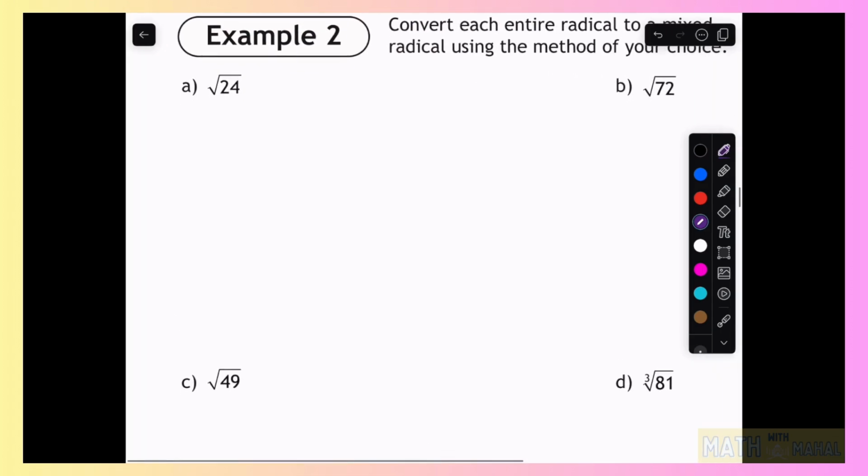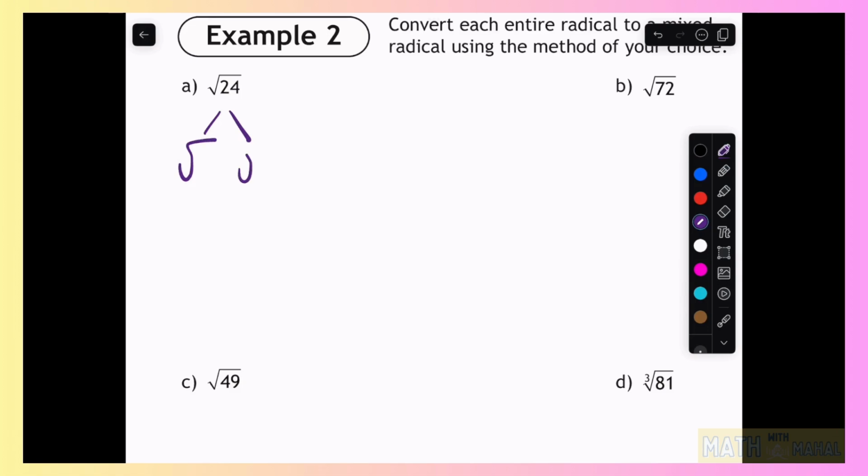Okay, so let's look at this example. I'm not going to do all of them, I'm just going to do a few of them. But what we want to do is convert each entire radical into a mixed radical. Now, keep in mind your method can be different than mine, so long as, like I've said before, we get the same answer. So if we're looking for the square root of 24, we want to convert that into a mixed radical.